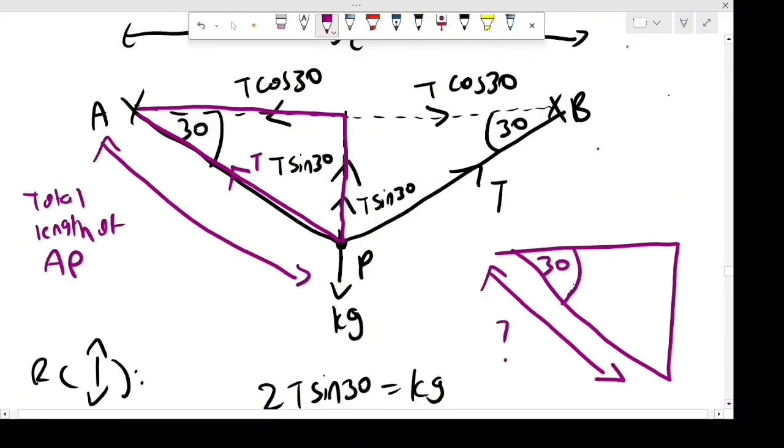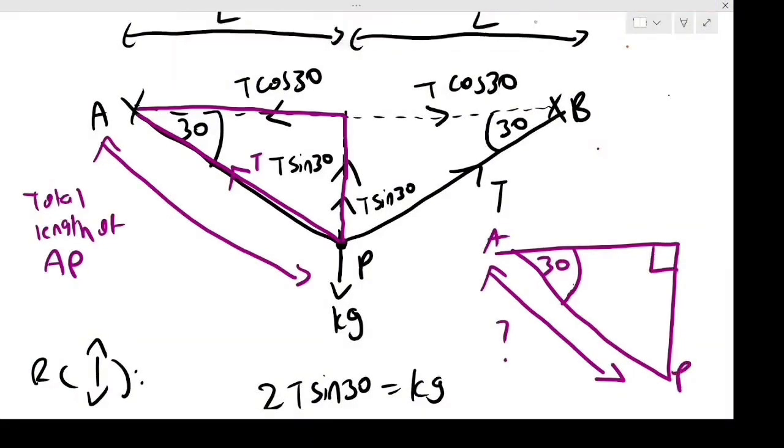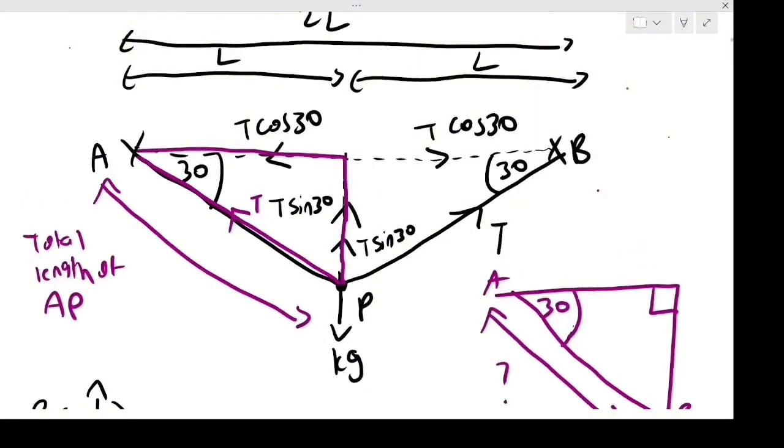What is this length here? This is A, that's P. This is a right angle. Hopefully happy with that. So I'm going to be using some trig here. But what I also know is that this length is L. So here is L.